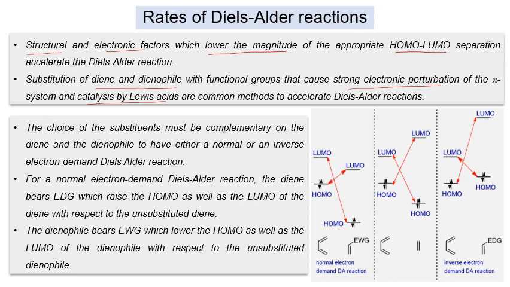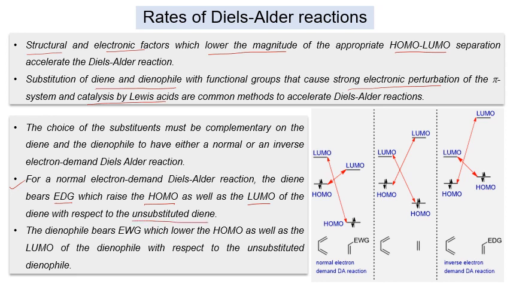Like I mentioned, for a normal electron demand Diels Alder reaction, the diene will bear an electron donating group which will raise the HOMO as well as the LUMO of the diene with respect to the unsubstituted diene.